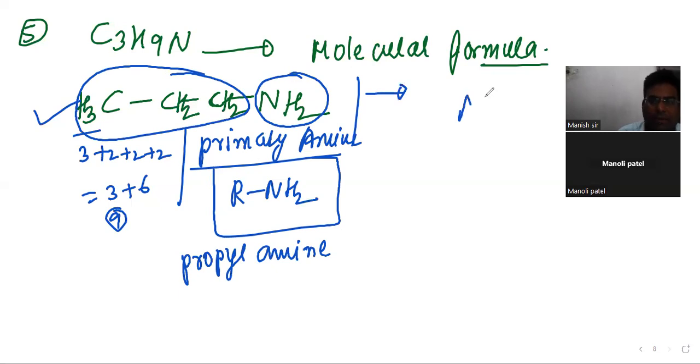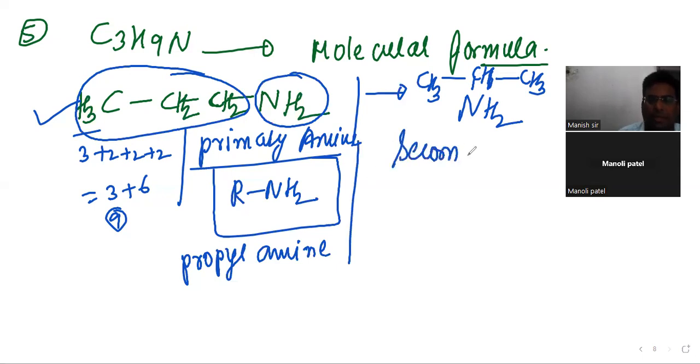Here the nitrogen will be on the second carbon: CH3, CH, CH3 with NH2. The nitrogen is attached to the second carbon. So it is a secondary amine.